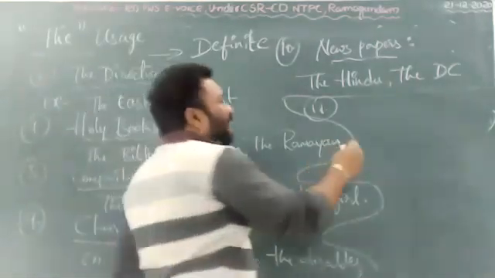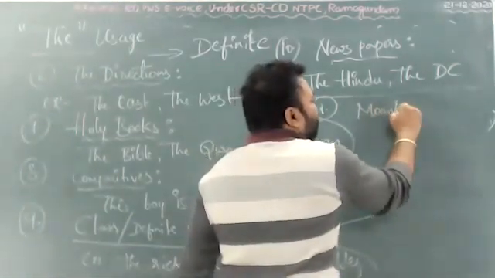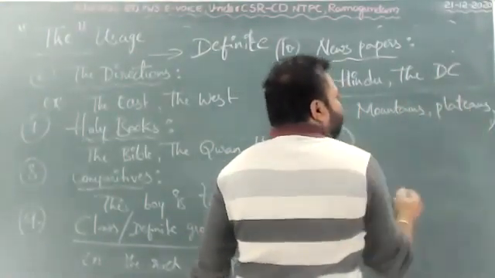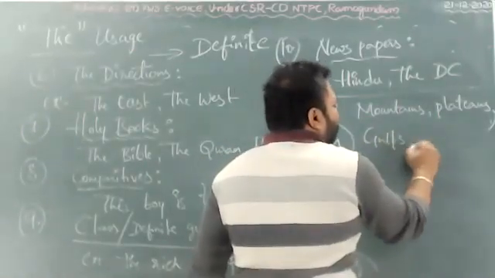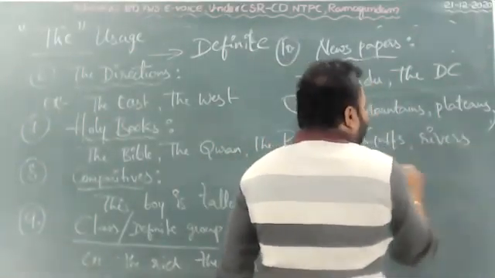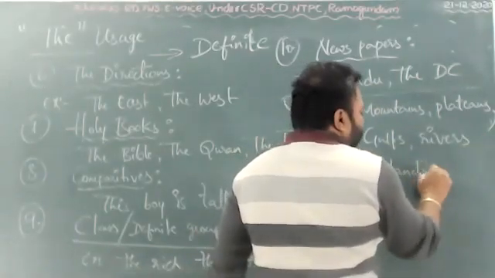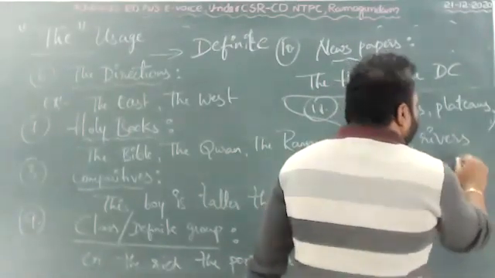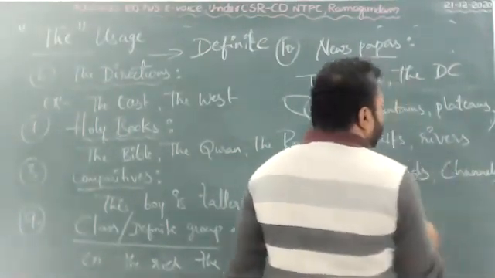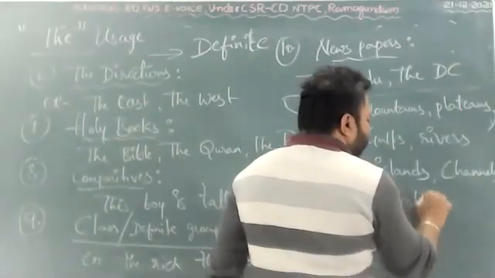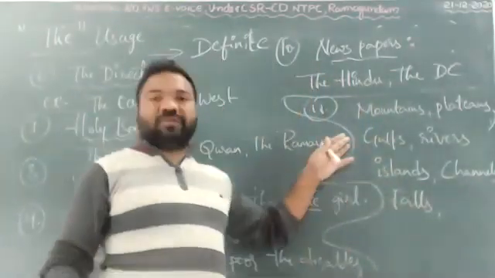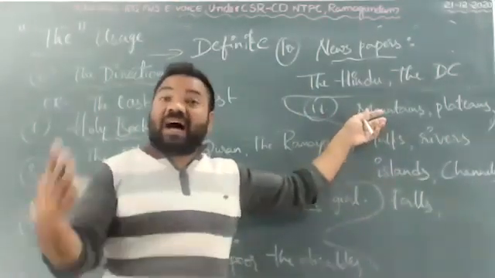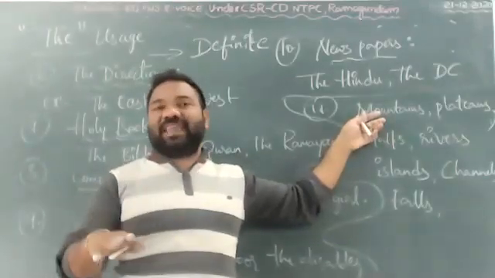So what are those? Like names of mountains, plateaus, gulfs, rivers, islands, channels, falls. See, let me go through some of the examples. Look at here, students, the mountains, the Himalayas, the Alps. We say the Himalayas, we don't say Himalayas.